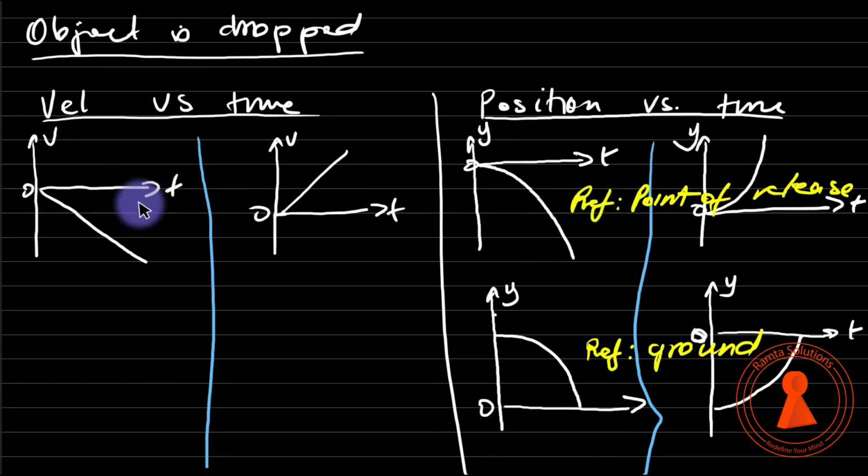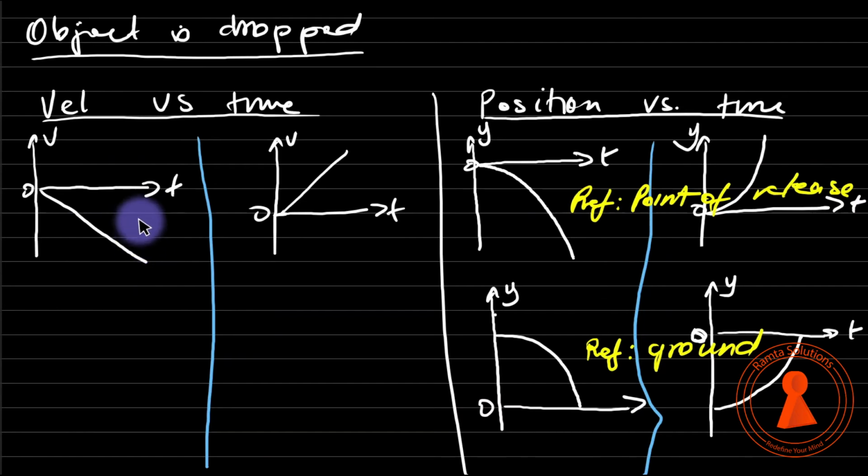Again, remember I said to you, the area under velocity versus time will give you position or displacement. As you can see, this shape here represents a triangle.